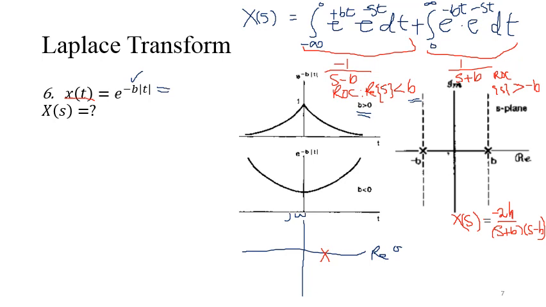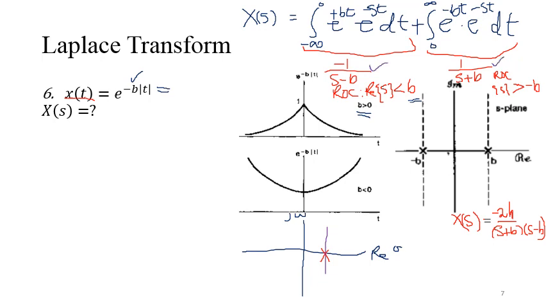Okay, so we are talking about the first one. In case of this first one, we have the region of convergence, something like this, where this is your b. If you look at this expression, it contains two poles. s plus b is from this part, and s minus b is from here.